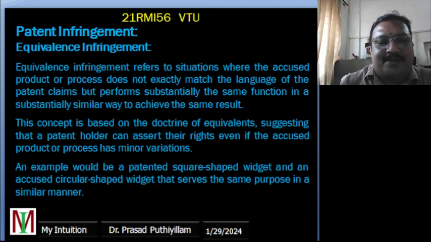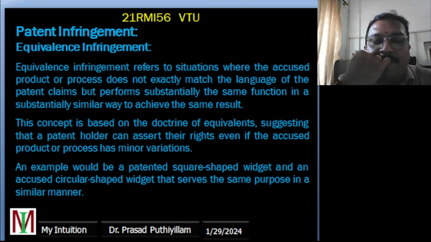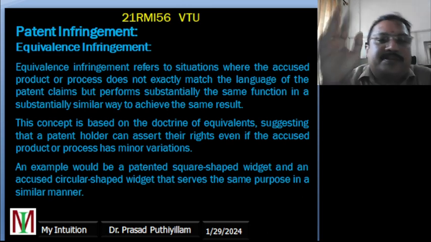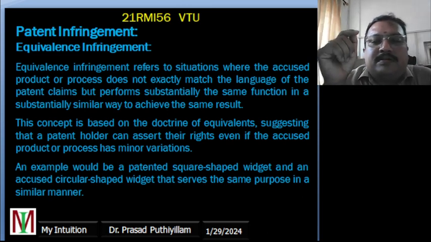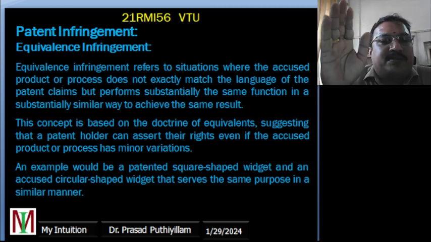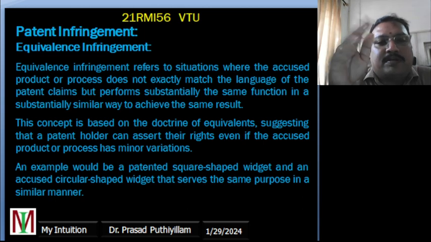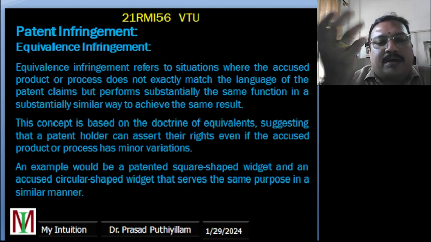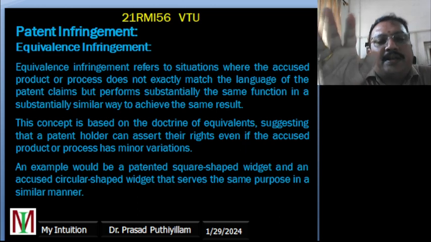So consider a scenario, equivalence. Consider a company called X. They have a patent for a cleaning device. The cleaning device uses a special type of brush or bristle, which is very efficient in dirt removal.